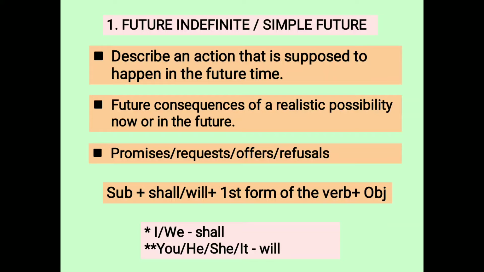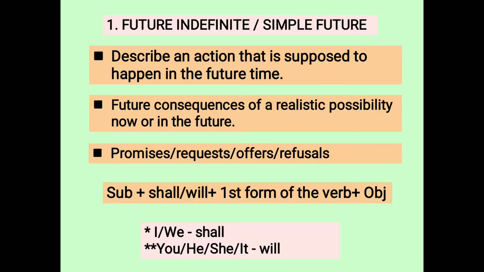It can be any point of time in the future, just to inform the reader that a particular action is going to happen in a future time. It has not yet happened but will happen soon. We use future indefinite tense.